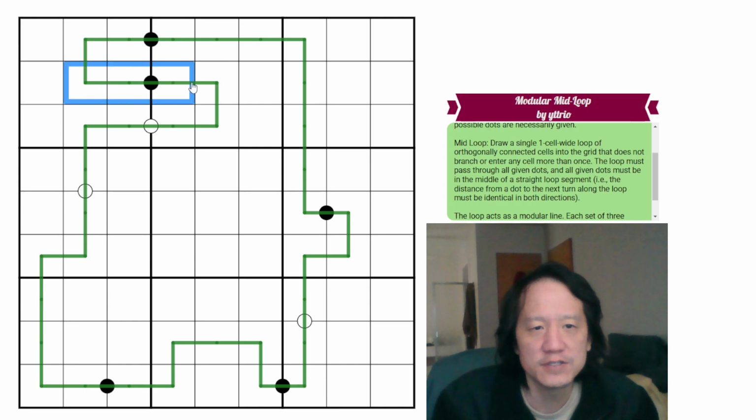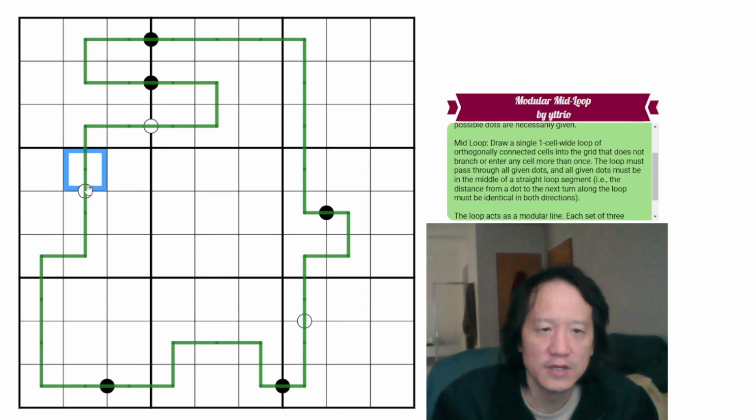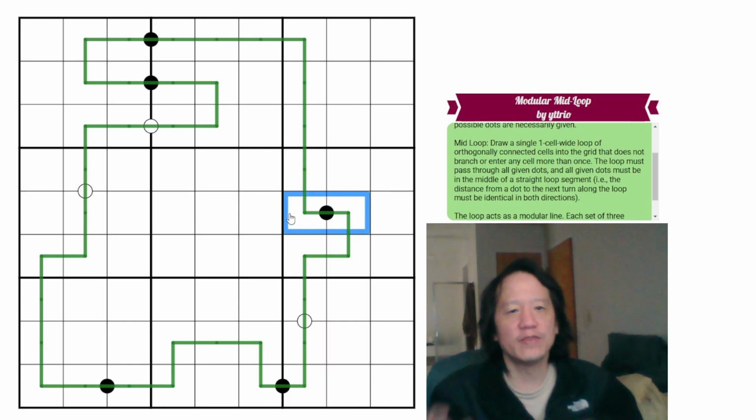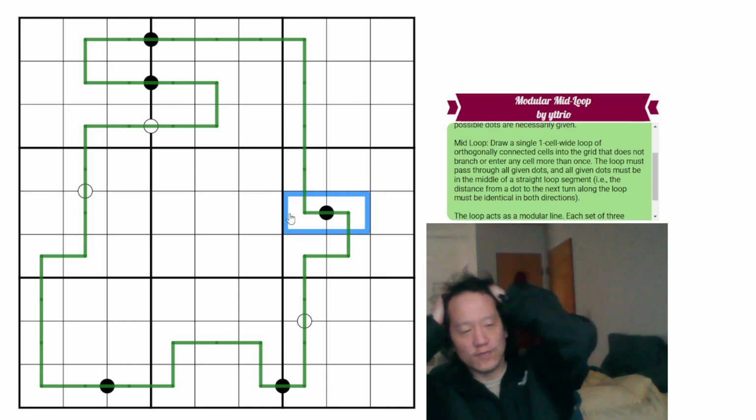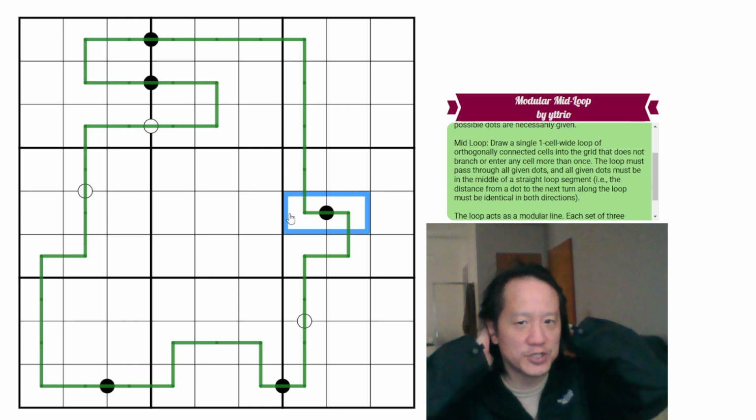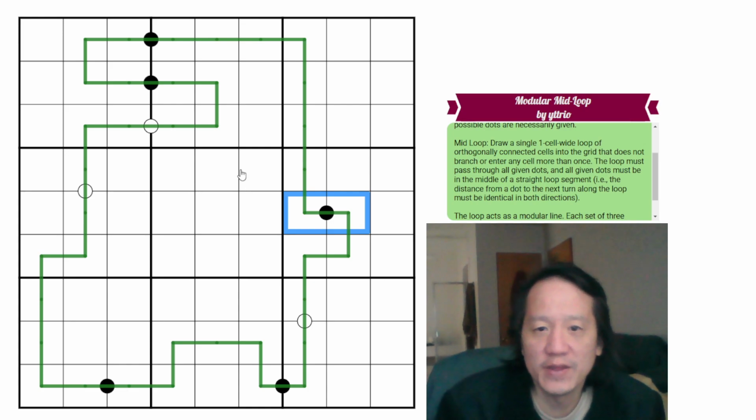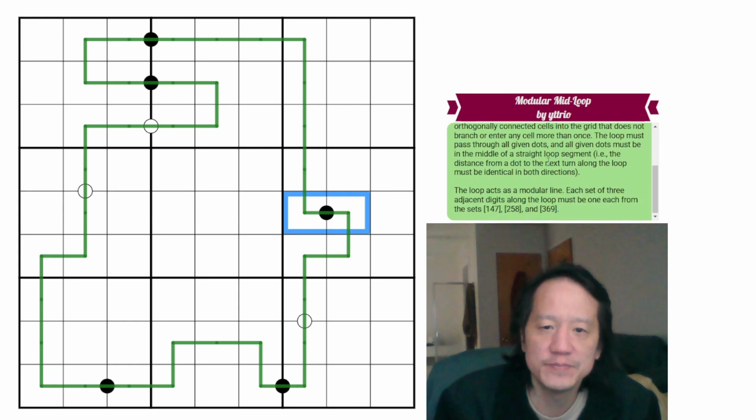So this is in the middle of this segment, this is in the middle of that segment, and this is the middle of that segment. Oh, that actually gives very interesting information to me. Anyways, every dot is on the loop, and they must be the center of a straight loop segment.